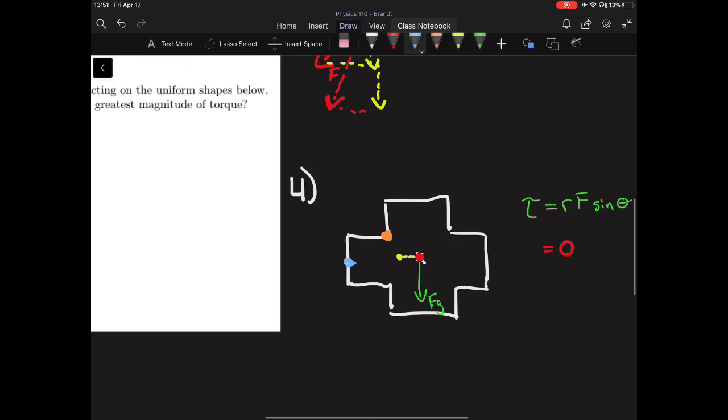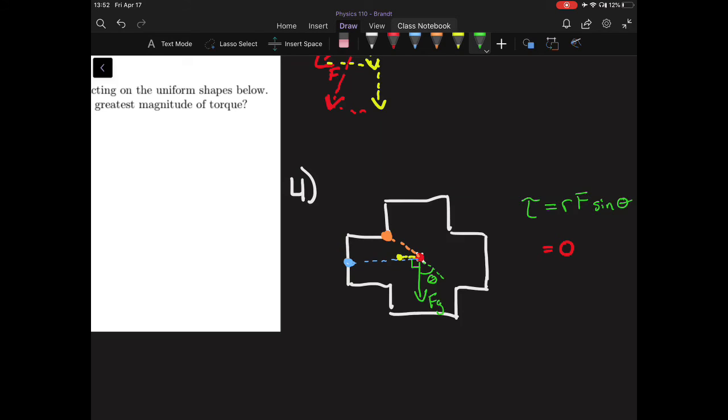For the blue, there's our radius all the way in. And then for the orange, there's our radius. But the other thing that we should note for the orange is that it comes out and that gives us some angle here. And so we actually have a sine of theta that's not 90 degrees for the other two, but some other angle.